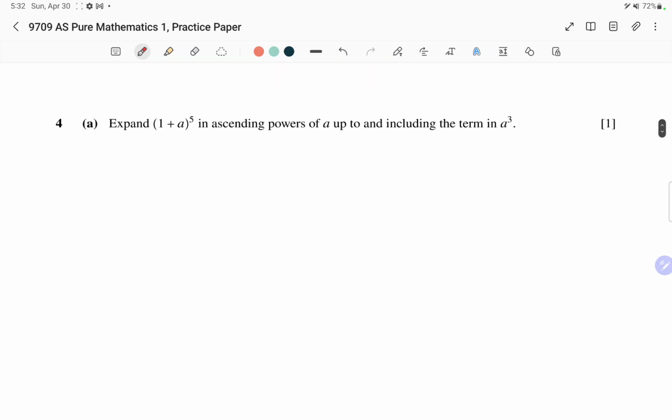Expand in ascending powers of a up to and including the term in a cube. Okay, so (1 plus a) to the power 5 is 5C0, 1 to the power 5 minus 0, and a to the power 0.